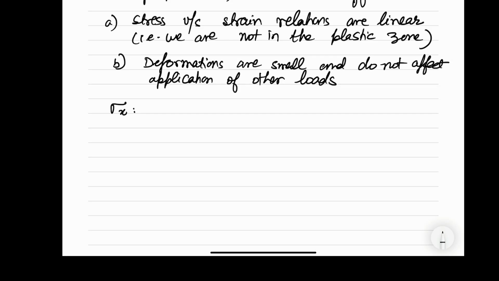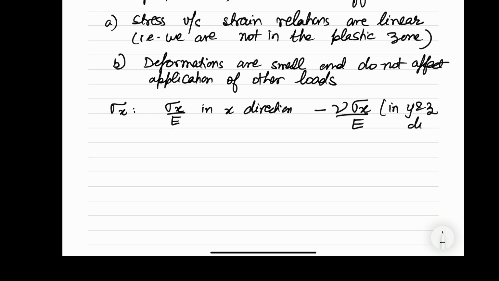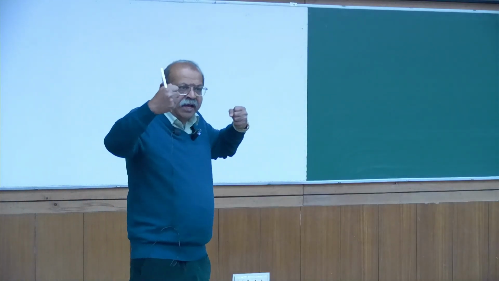So because of sigma x, we will have sigma x by E in the x direction and minus nu sigma x upon E in the y and z directions. I'm just looking at the effect of sigma x.